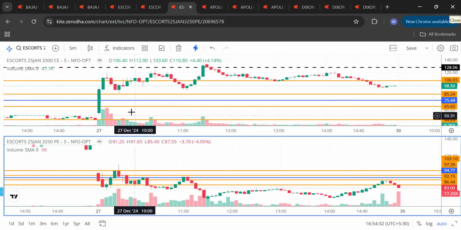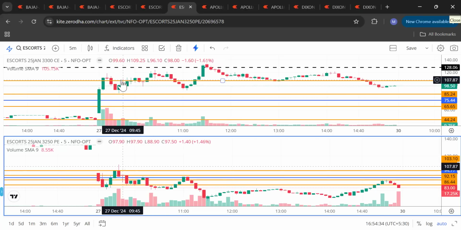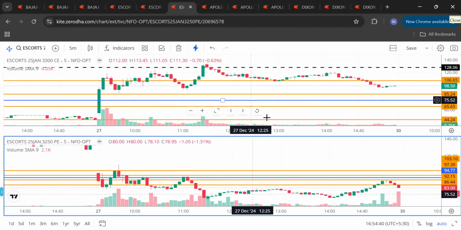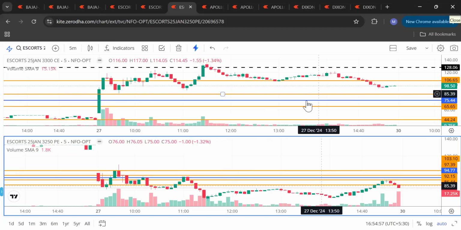One more thing: once the uppermost line is crossed, the next target will be this minus this, the difference you add into the high. So 106.65 minus 85.24, the difference is 21.41. You add 21.41 into 106.65 and you get 128.06.